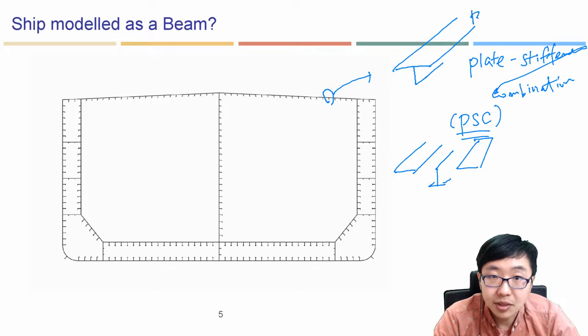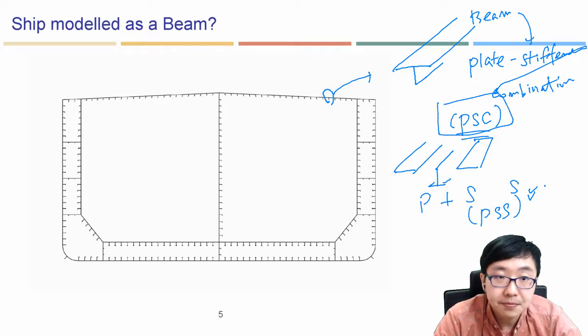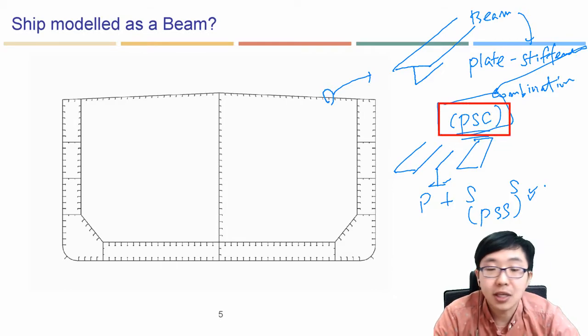This is like a beam, but this is the plate and stiffener separation model, PSS. You don't need to remember these, but what we are talking about now is PSC. So that can be considered as the beam.